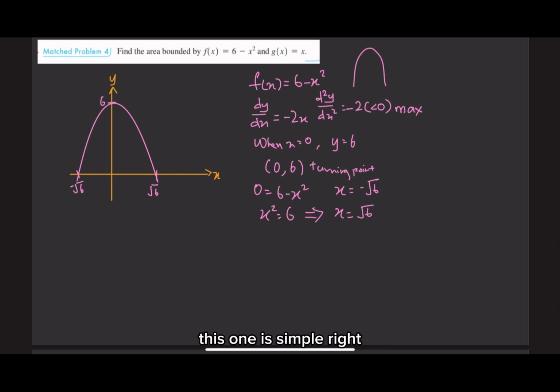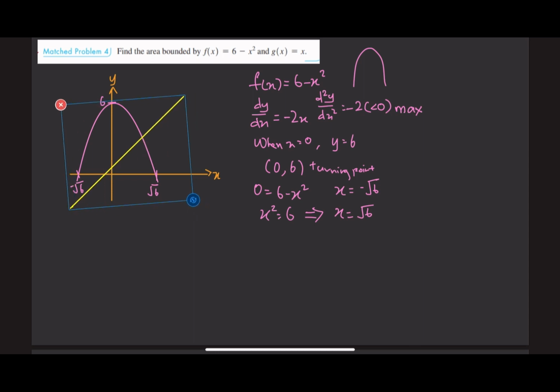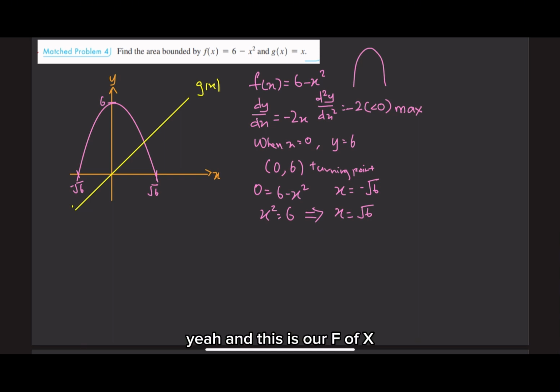This one is simple, right? Thank goodness we don't need to do much calculation here. This is just a slope of 1. This is our g of x, and this is our f of x.